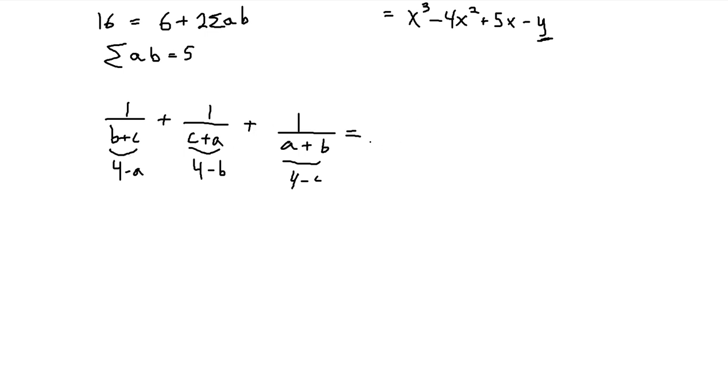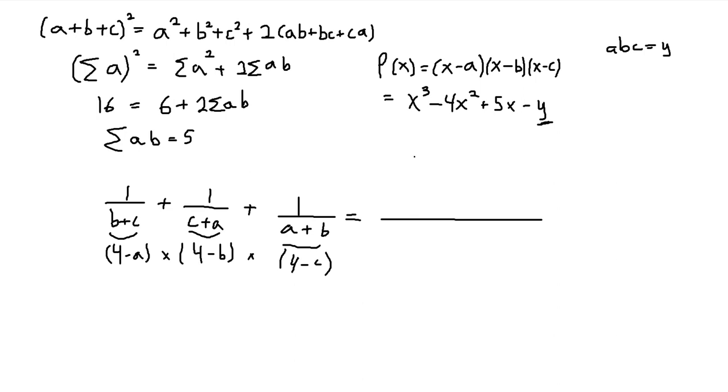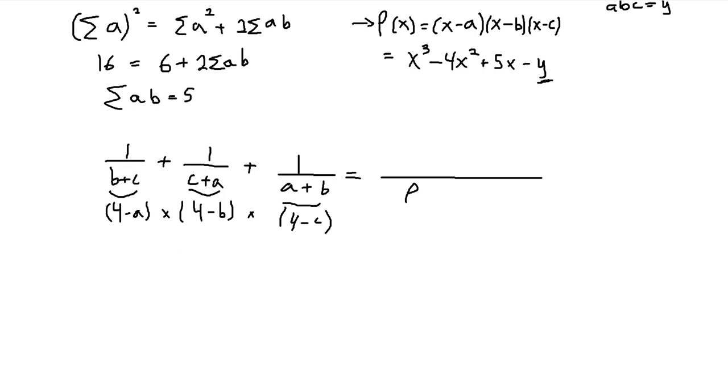And that is, if we combine all these fractions, in our denominator we will have the expression 4 minus a times 4 minus b times 4 minus c. But notice that is exactly equal to p of 4.